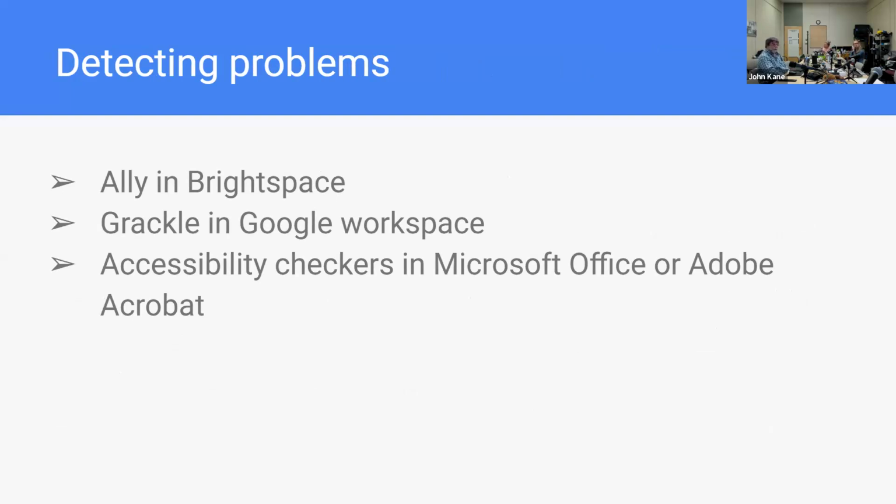In Google Workspace, at Oswego anyway, we do have Grackle, which can be used with Google Slides and Google Docs and so forth to check for accessibility. And Microsoft Office and Adobe Acrobat both provide accessibility checkers where you can make sure that the content you created or that you're working with meets accessibility requirements.